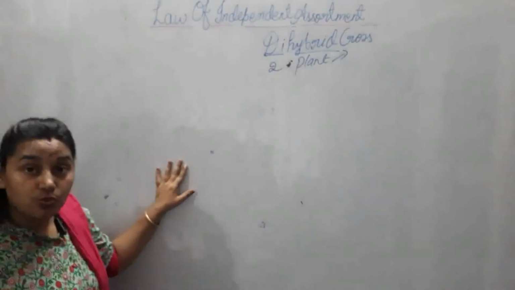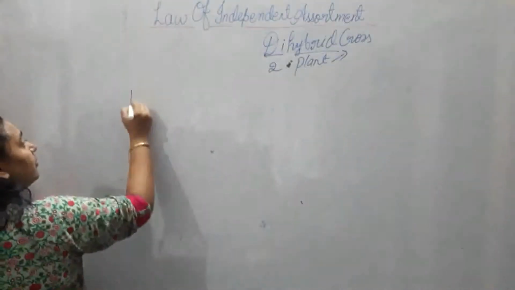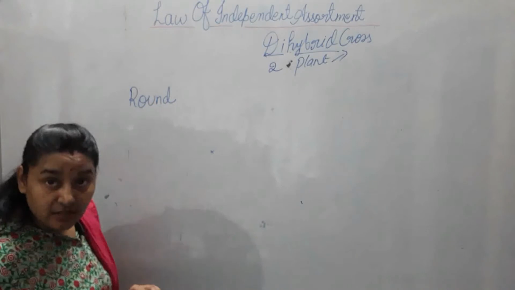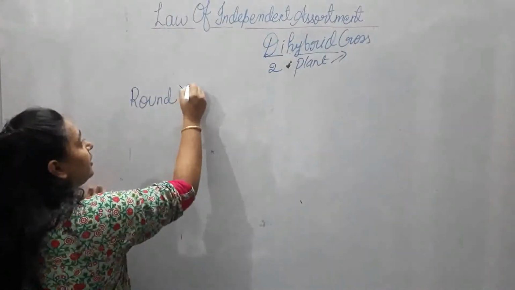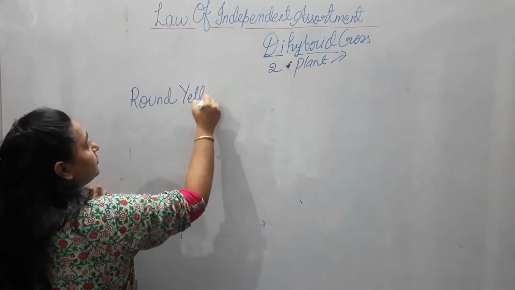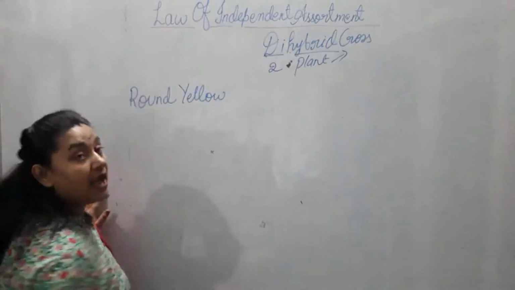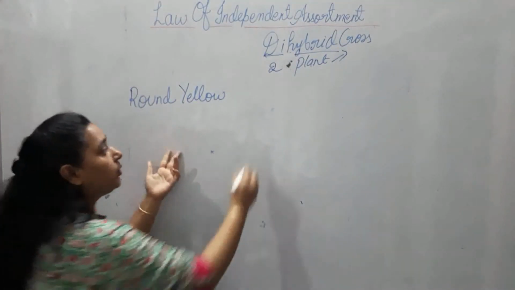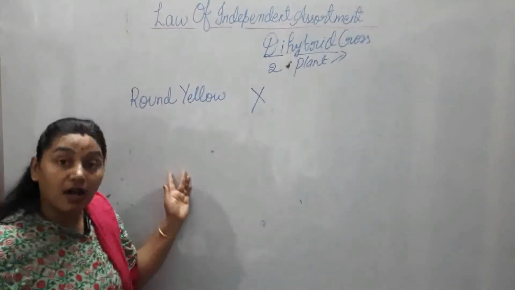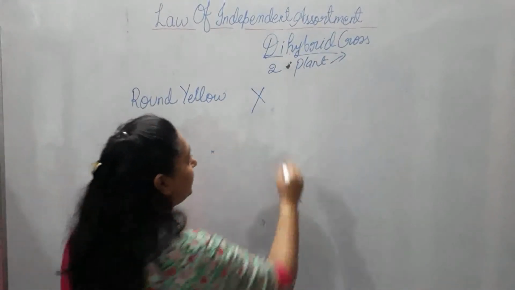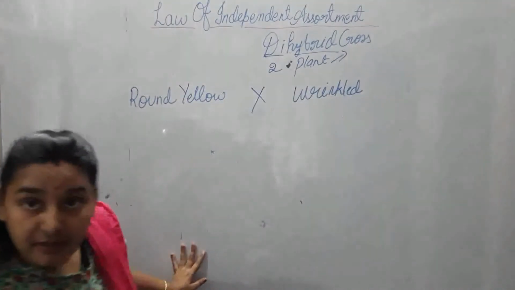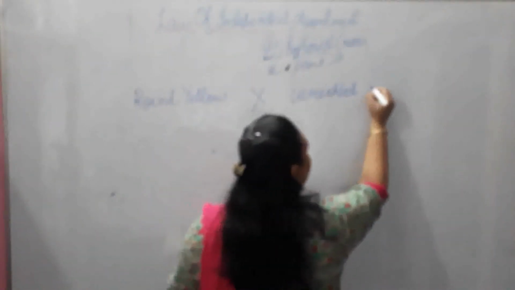Mendel chose a round shaped seed which was yellow in color, and this trait he fused in one single plant to be crossed with the other plant, which had a wrinkled seed, and this seed was green in color.